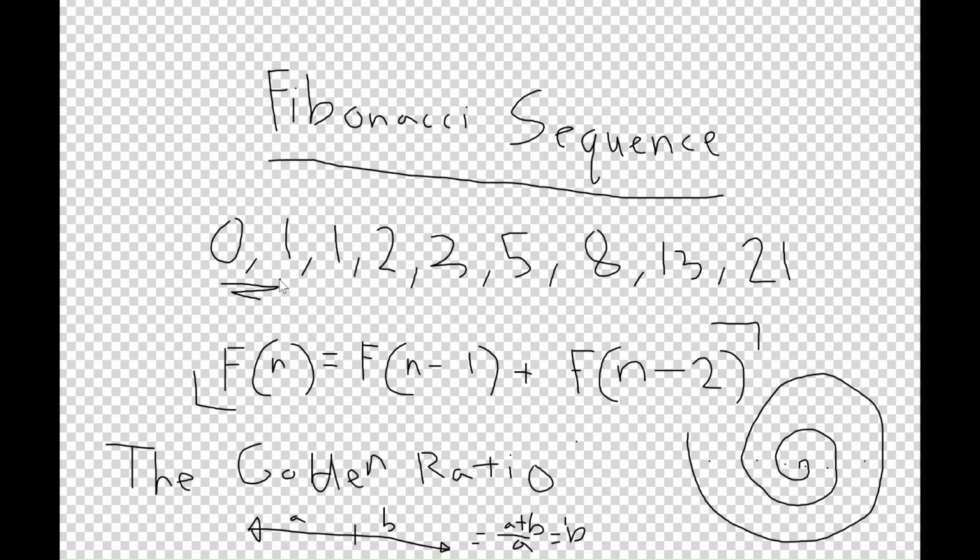So 0 plus 1 equals 1, 1 plus 1 is equal to 2, 1 plus 2 is equal to 3, 2 plus 3 is equal to 5, 3 plus 5 is equal to 8, 5 plus 8 is equal to 13, 8 plus 13 is equal to 21, and so forth.